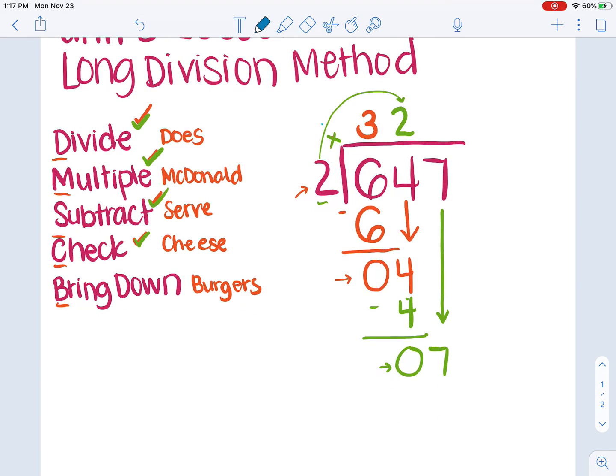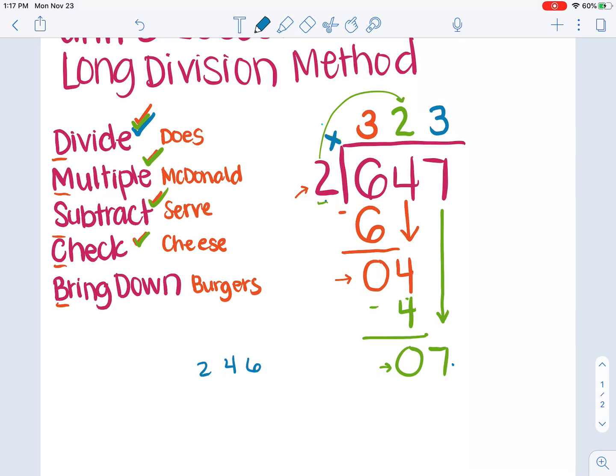Now let's do our steps again. 7 divided by 2. Well, 2 goes into 7. 2, 4, 6, 8. It doesn't go in evenly. So remember, we think how many times can it fit in without going over? 2, 4, 6. 3 times. So I'm going to put my 3 on the top.